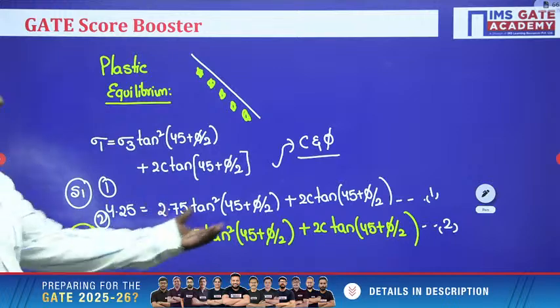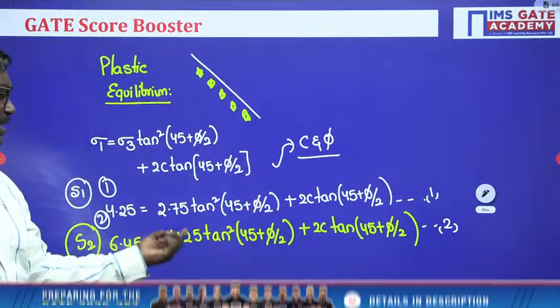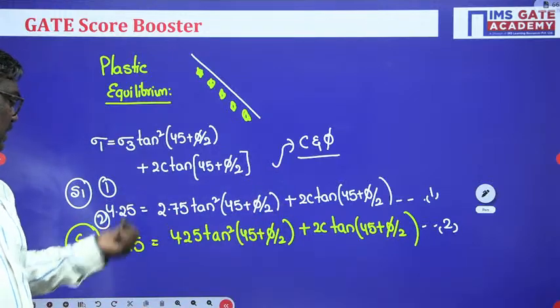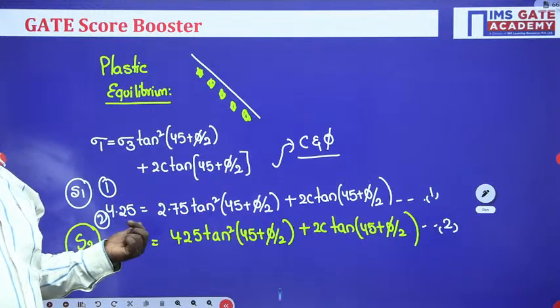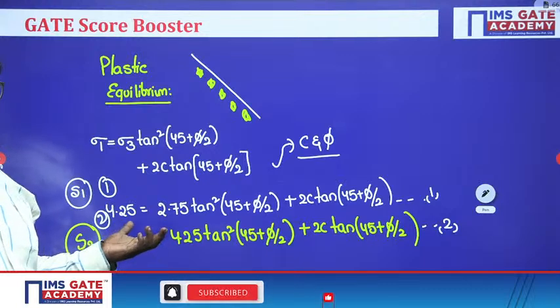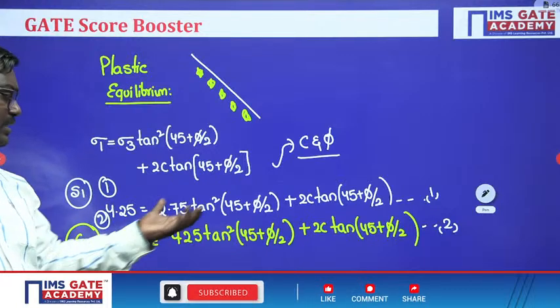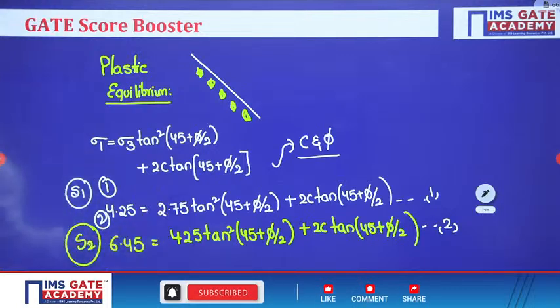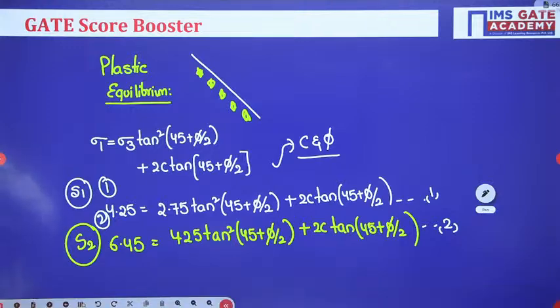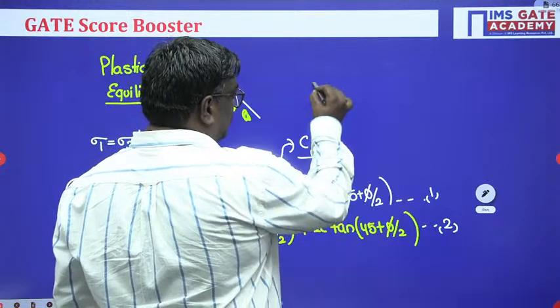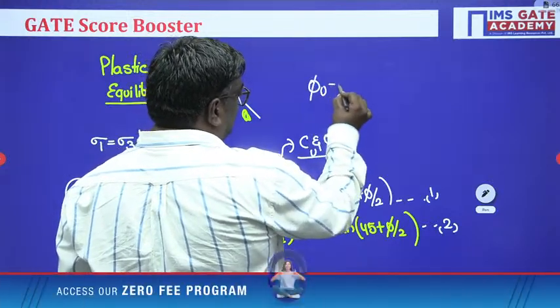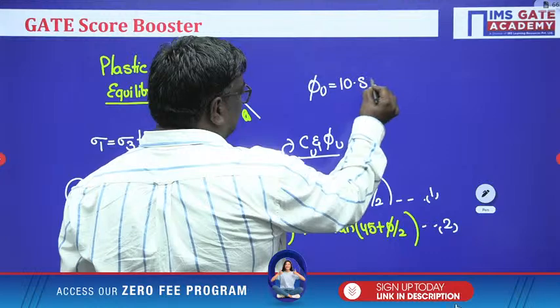If you cancel this, it will become 1.5 tan square 45 and this will be 2.2. 2.2 divided by 1.5 will be around 1.46. Tan inverse of 1.46, if you solve this, phi u is equal to 10.89 degrees.